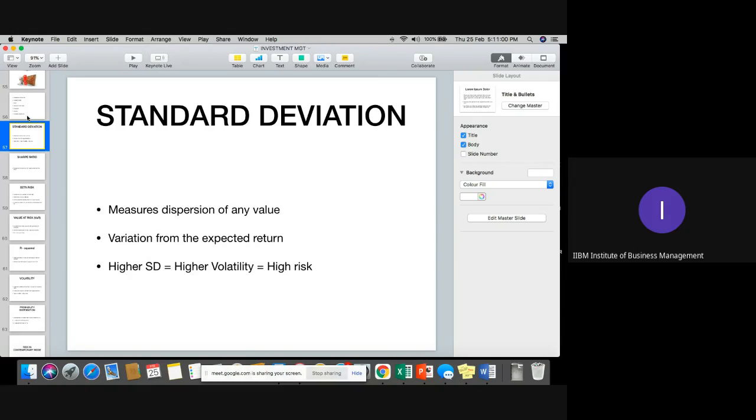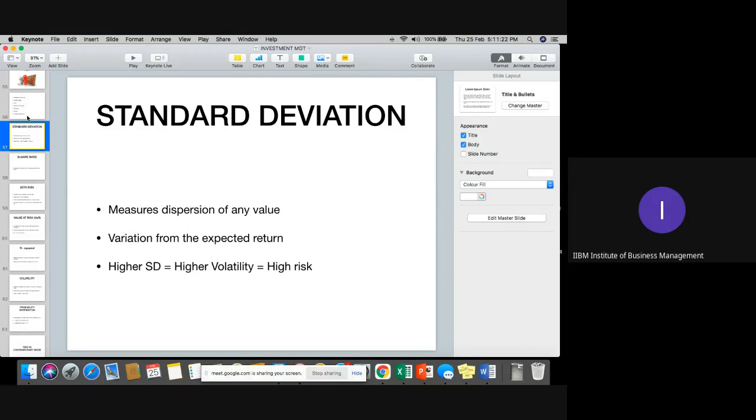Always remember, the higher the standard deviation, the higher the volatility of the prices, and the higher the risk potential or risk assessment of any investment option. So always remember, standard deviation should be as minimum as possible when we are assessing any security.